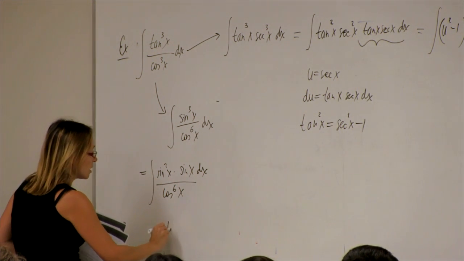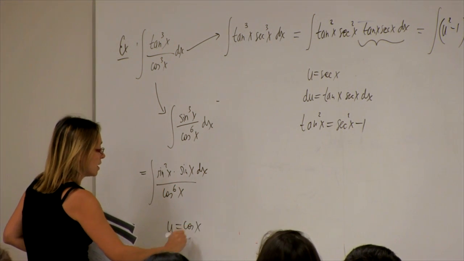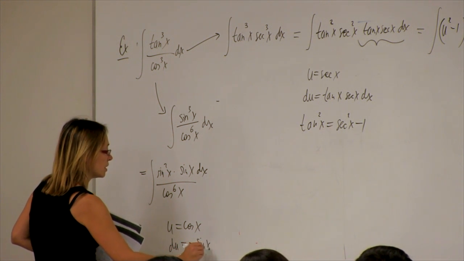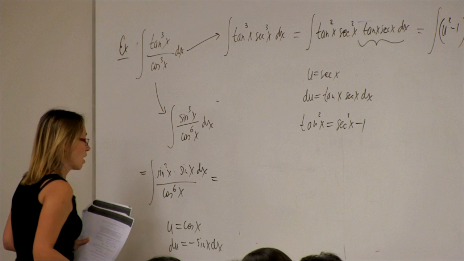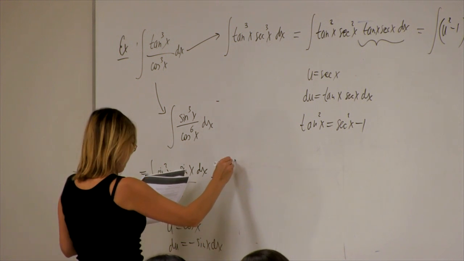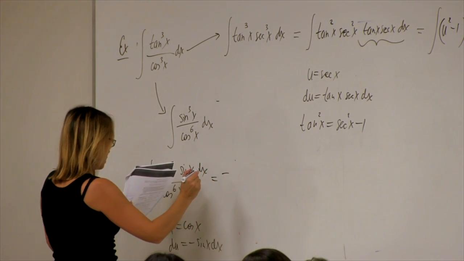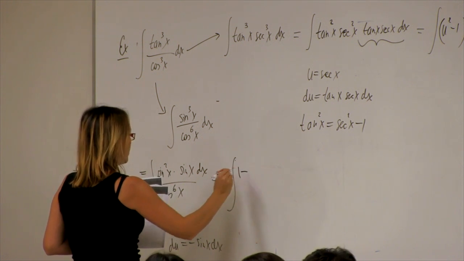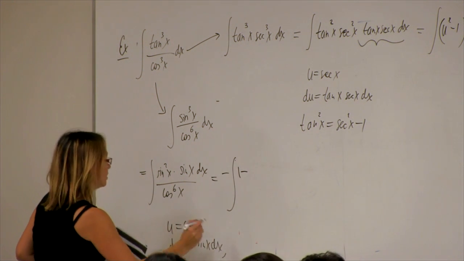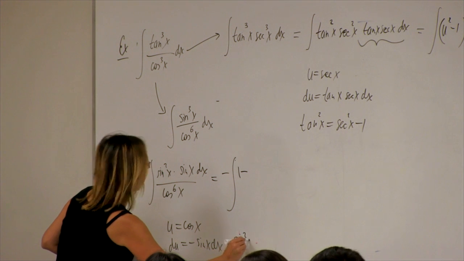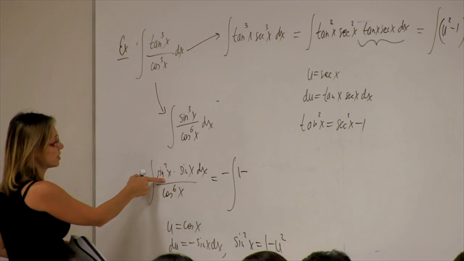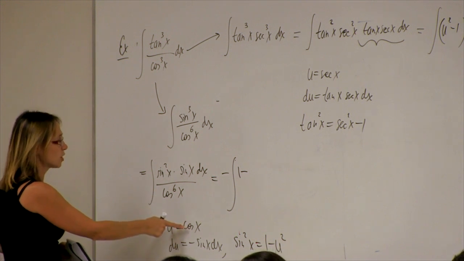So in this case, I say u equals cos x, du is minus sine x dx, which gives me minus 1. I also write here that sine squared x is 1 minus u squared. I can express sine squared in terms of cosine squared.